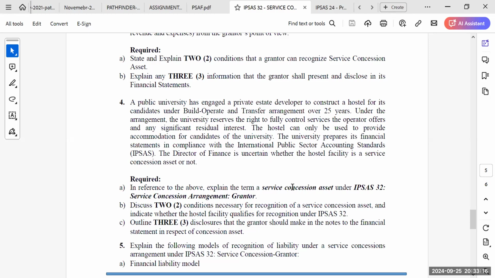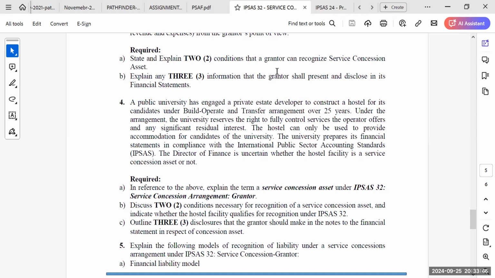Sir, it's that asset that is used within the service concession arrangement and is provided by the operator or the grantor, and it is used in the duration of the contract. So a service concession asset is that asset that is used in the service concession arrangement. It can either be provided by the operator or the grantor.